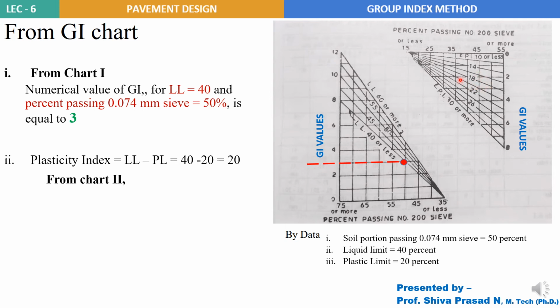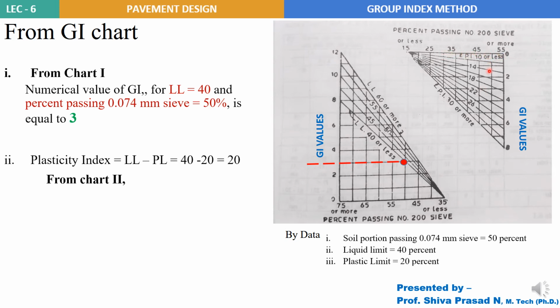Please observe the cursor; this inclined line represents plasticity index 20. The corresponding 50% passing is at 35, 40, 45, 50.